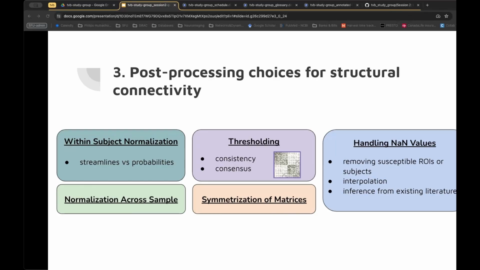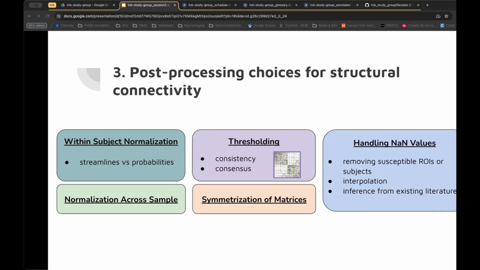One way is to just remove the ROIs that tend to have more NaN values in them, if you think that the ROI isn't important for your analysis. You can remove subjects if it's only 1 or 2 subjects that tend to have a lot of NaN values in them. You can interpolate values. Say you have one subject with a NaN value, but the rest of your subjects have perfectly fine values for that connection, you might consider interpolating that value from other subjects.